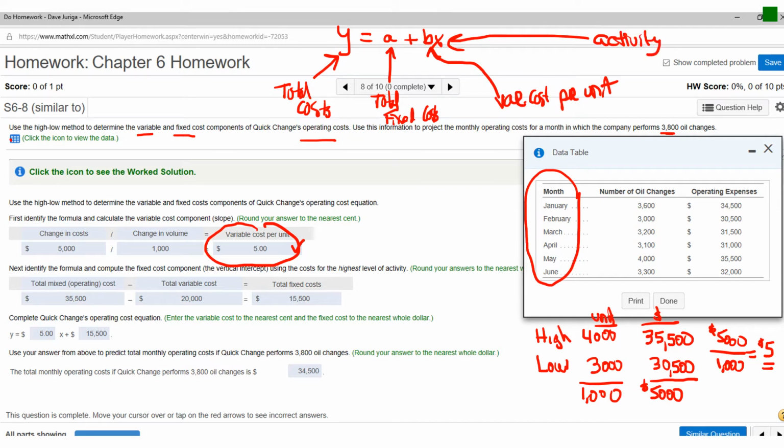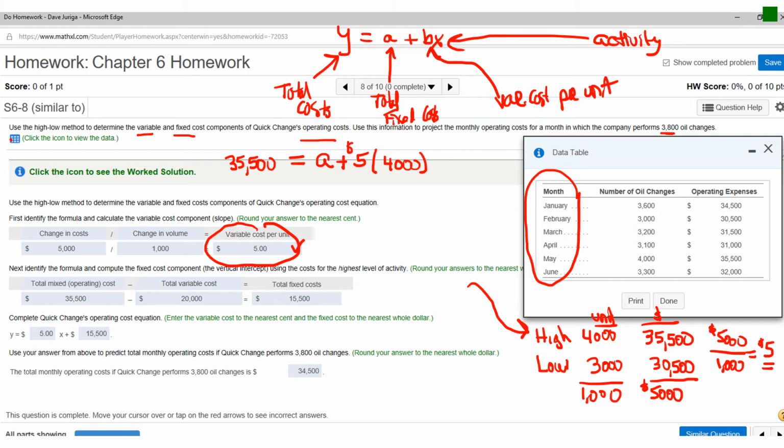So what you do is you just plug into this equation either the high or the low point, and you're going to back into your fixed cost. So I always choose the high point, doesn't matter. But if the high point, you've got 35,500. Again, I'm pulling that right from this high point. You're going to say Y equals A plus $5, which we already calculated, multiplied by 4,000 units, because that's the high point.